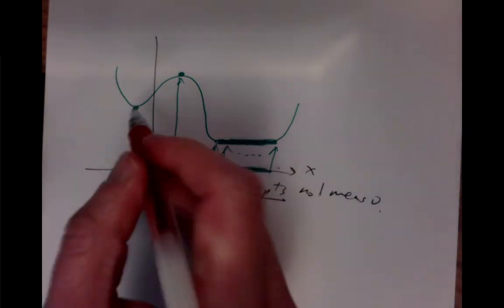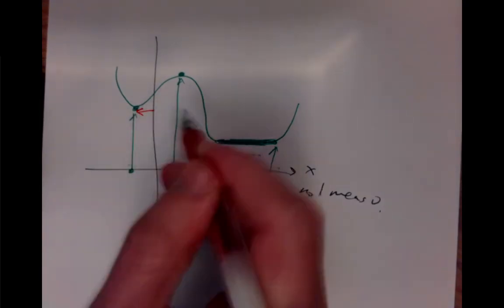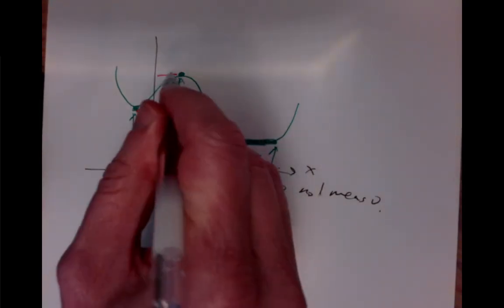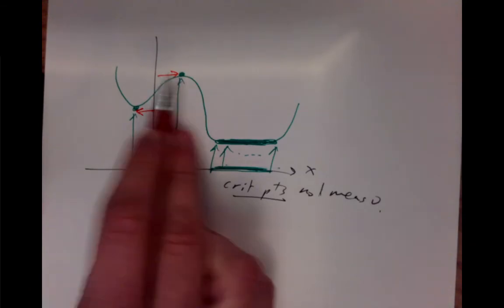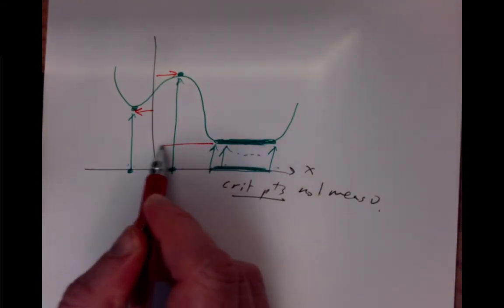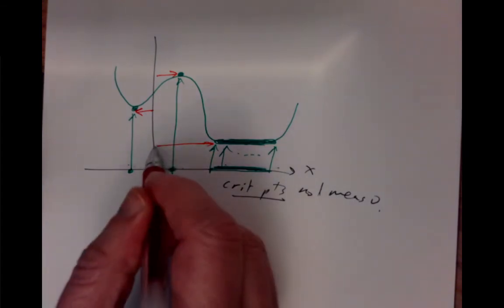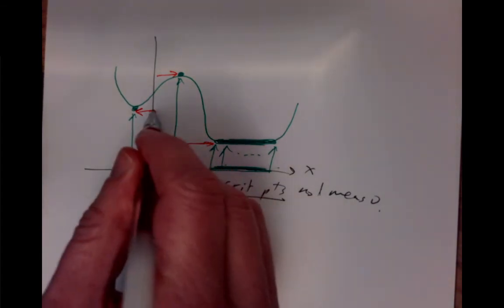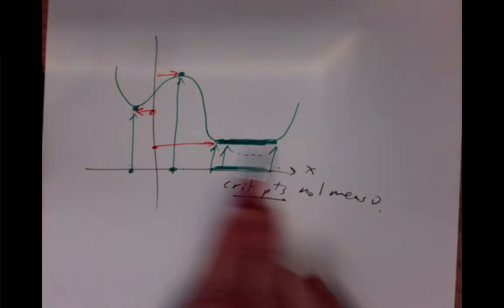If we look at the values, there's a value here, and a value here, the critical value here, and then there's all this, which is a critical value here. There's only 3 critical values, because when you have this interval of critical points, the derivative is 0 all the way along the interval, so the value doesn't change. When the derivative is 0, the function's constant.